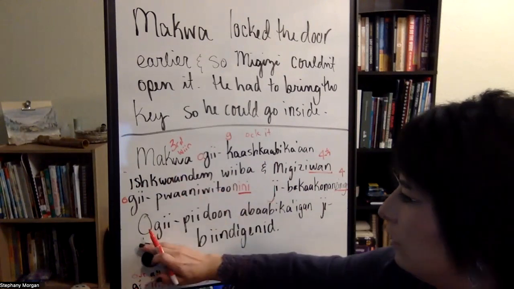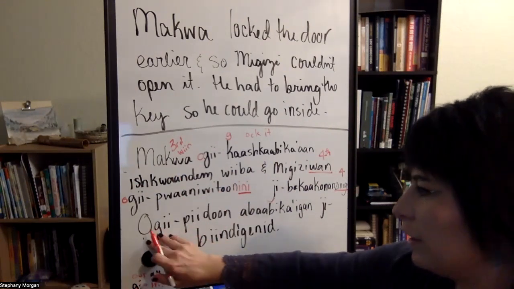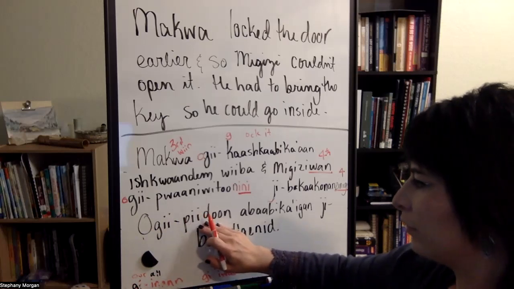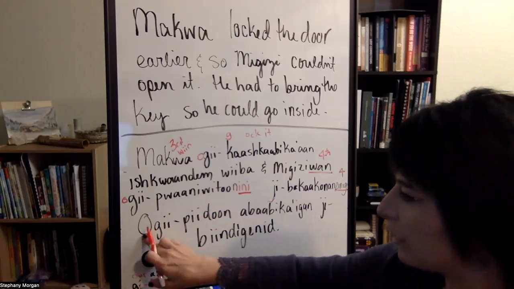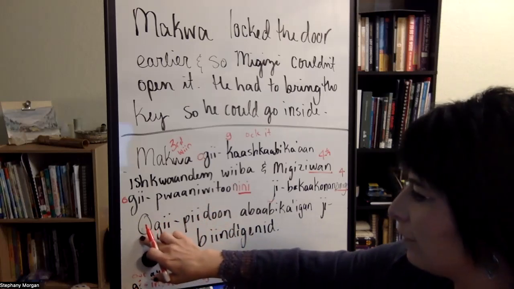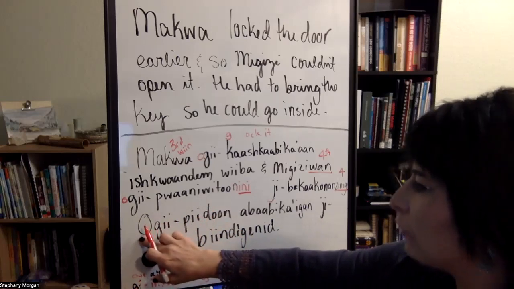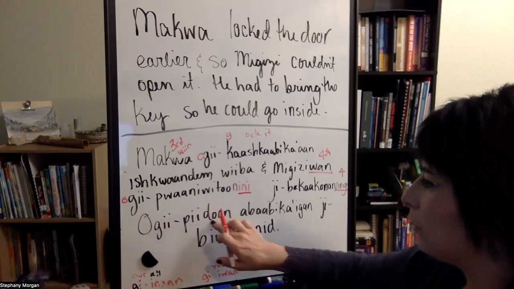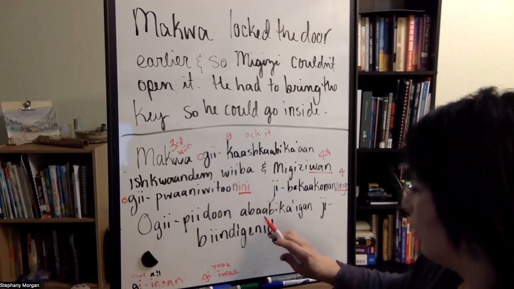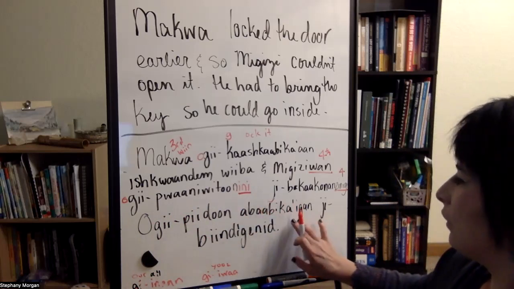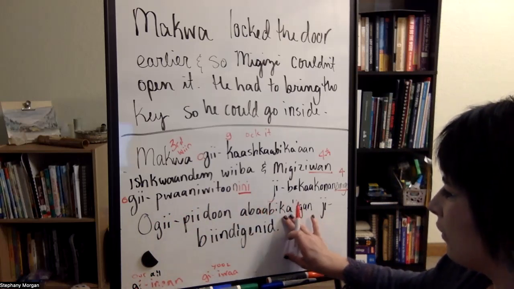And then we have Ogi Pidun. He brought it. Bidun means bring it. We've got the third person marker for VTI here in A form. Ogi Pidun, he brought it. Babikigan, the key.